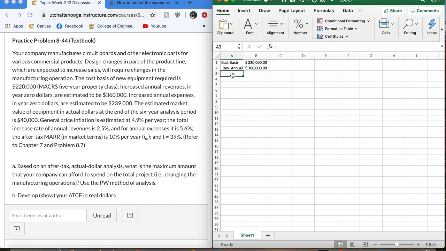That dollar amount. We have our inflation, it's going to be 4.9%. These next few are also going to be percents, so we can just highlight those.